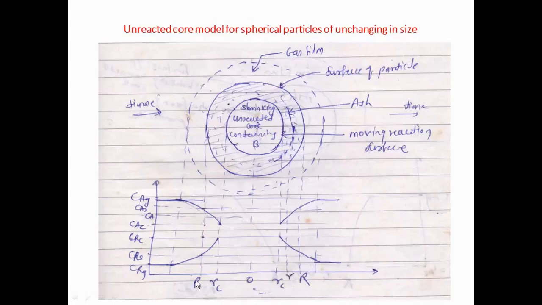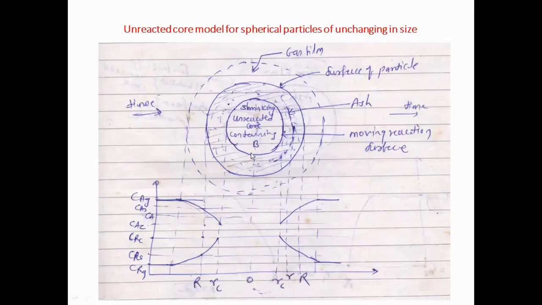Capital R is the radius of the original particle. RC is the radius of the unreacted core of the particle. RC moves from capital R to 0.